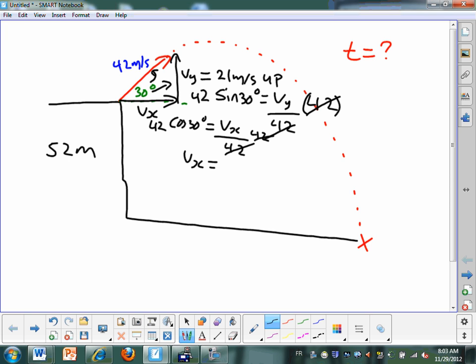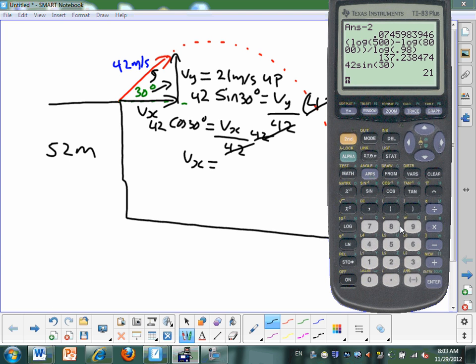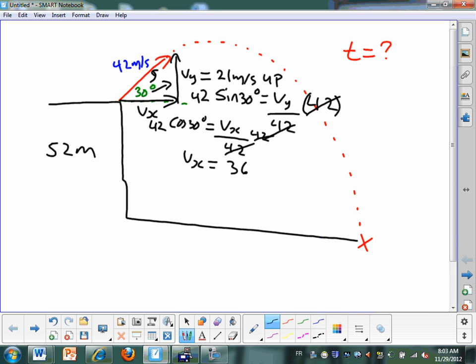So Vx would equal 42 cos 30, which is 36.4. So now I have the initial velocity in the x direction and the initial velocity in the y direction.